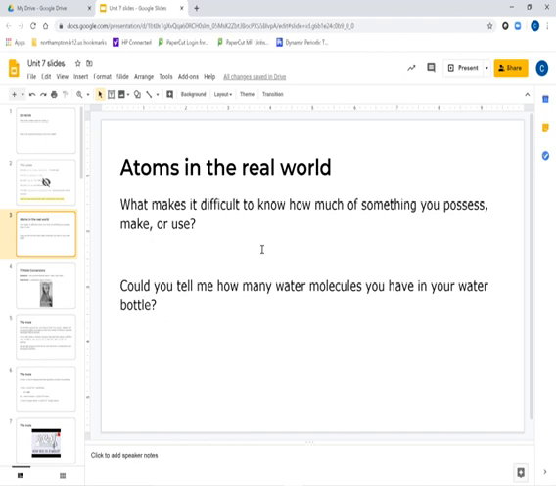I want you thinking for a second, what makes it difficult to know how much of something you possess or make or use? And by something, we're talking about molecules. If I came up to you and asked, how many water molecules exactly do you have in your water bottle? Do you think you could tell me right away?